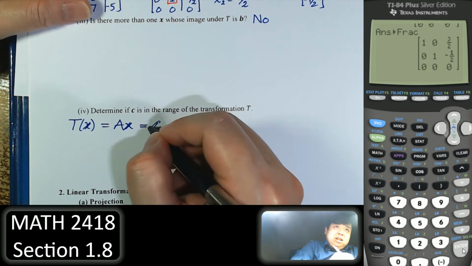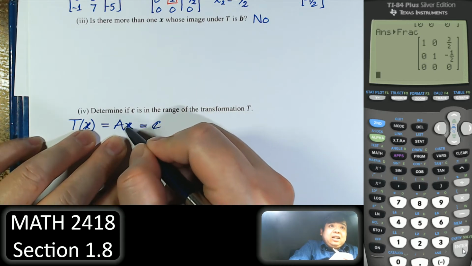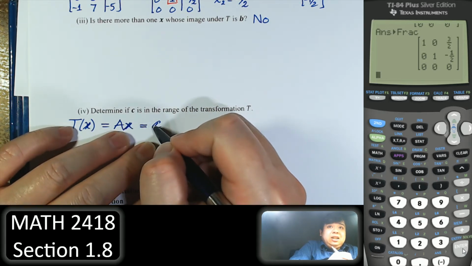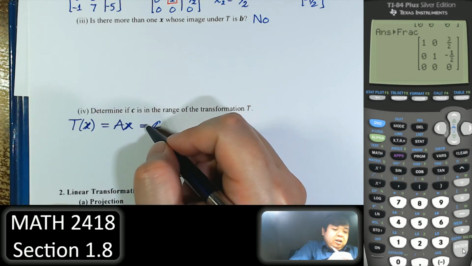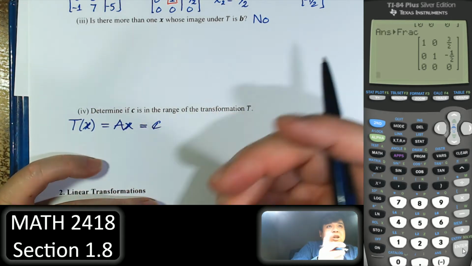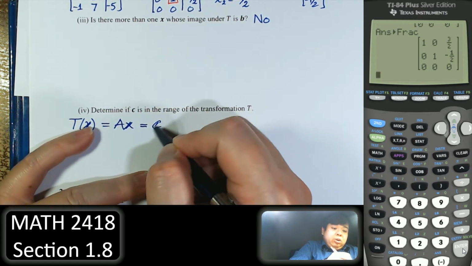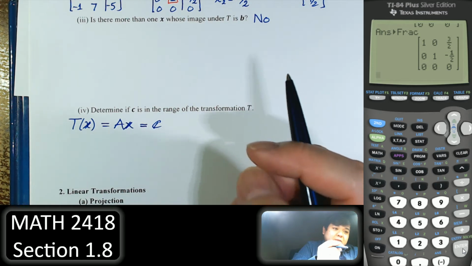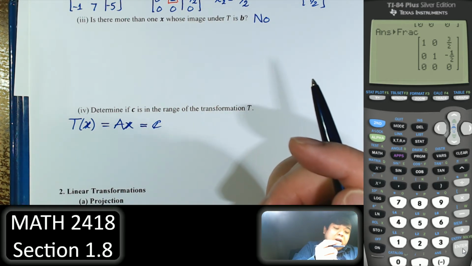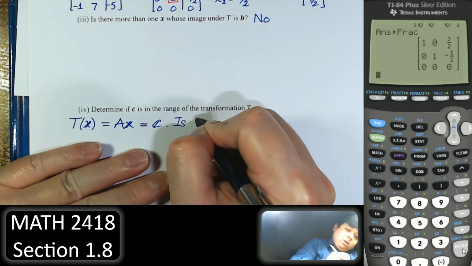If it has a solution, that means there is an x that gives us c. So c in that case has to be in the range. If there's no solution, then we say c is not in the range because there's no x that gives you c in the codomain, right? So we write that, and the question is there a solution?